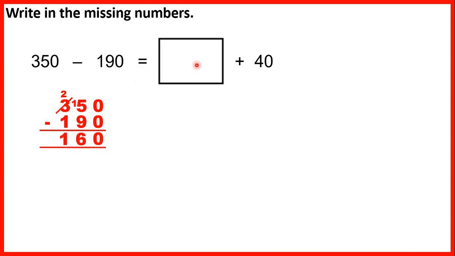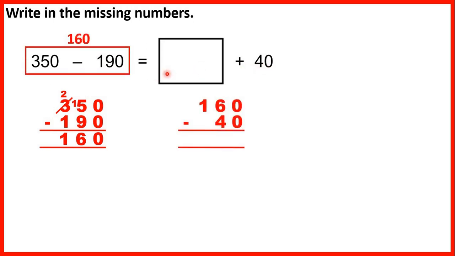So now we have something plus 40 equals 160. And if we have a missing number addition, we can use subtraction to find our missing number and work out 160 minus 40. So that gives us 120 as our missing number.